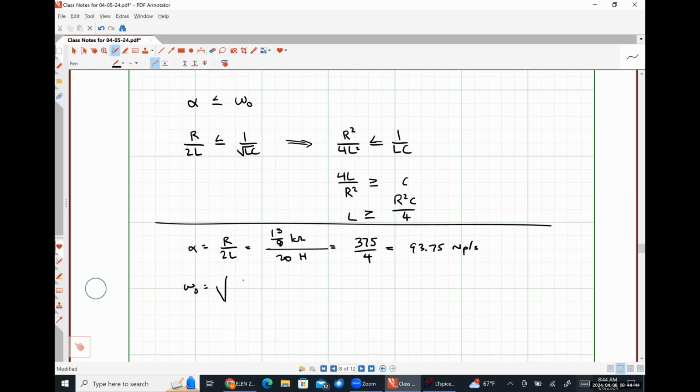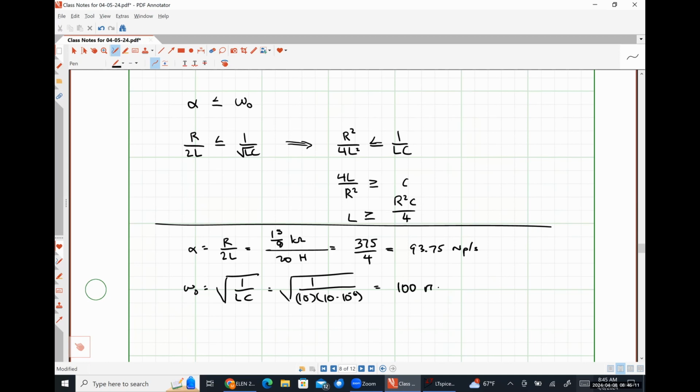Omega naught is square root of 1 over LC. So that is the square root of 1 over 10 times 10 times 10 to the minus 6, which comes out to be 100 radians per second. And yep, omega naught is greater than alpha, so this is indeed a not overdamped circuit. We would actually have an underdamped circuit in this case, right?